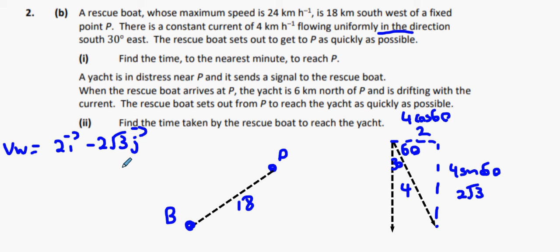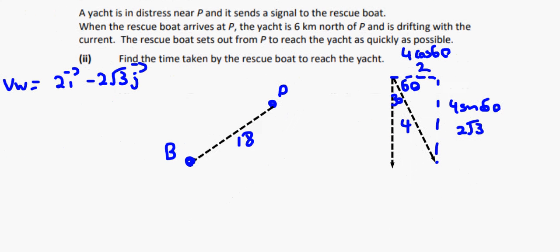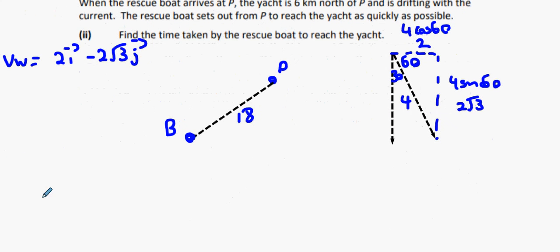Now next, we're going to go for velocity of... right, that's done there. Okay. Find the time to nearest minute to reach P, and you want to get there as quickly as possible. Okay, so I'm going to do my magnitude direction trick. Everybody knows my magnitude direction trick? Magdir.